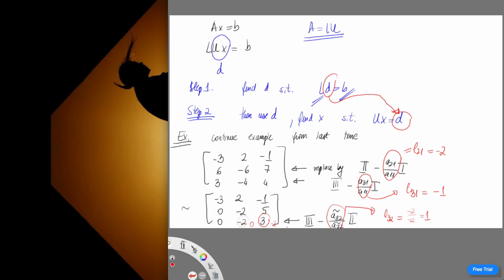So at the end of this, once I have zeros where I wanted zeros to create an upper triangular matrix, that's my U. I'm going to do everything on this same slide so I don't have to go look it up. My ultimate upper triangular matrix is minus 3, 2, minus 1, 0, minus 2, 5, and 0, 0, minus 2.